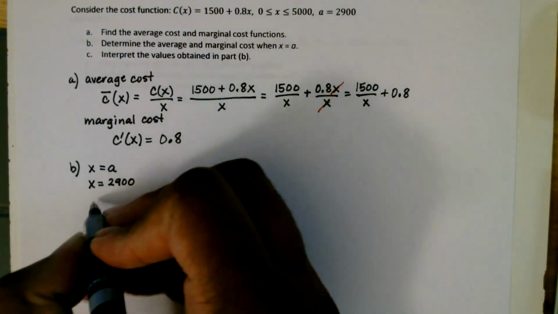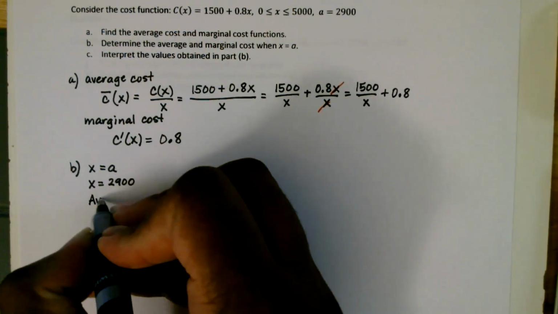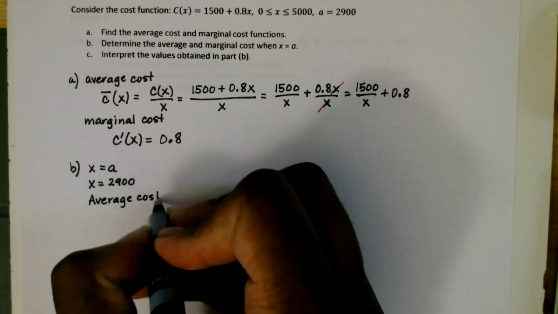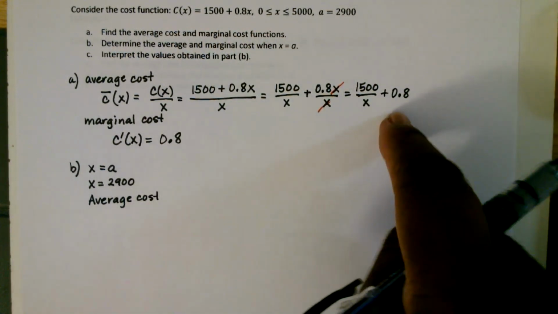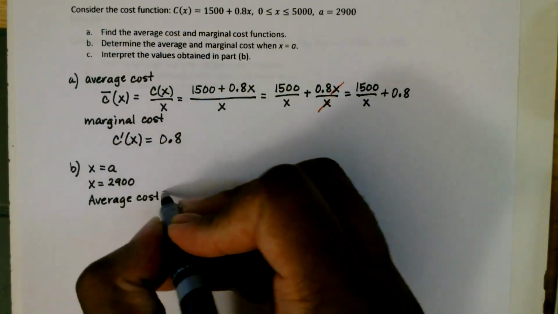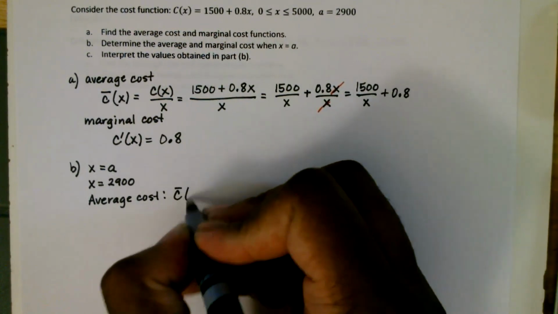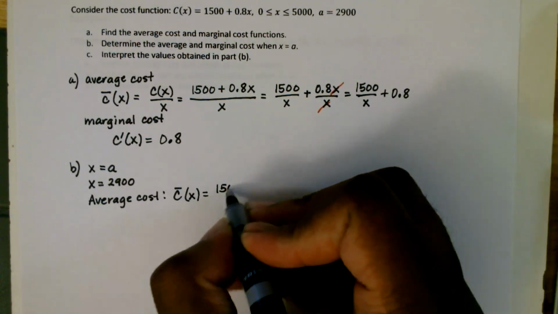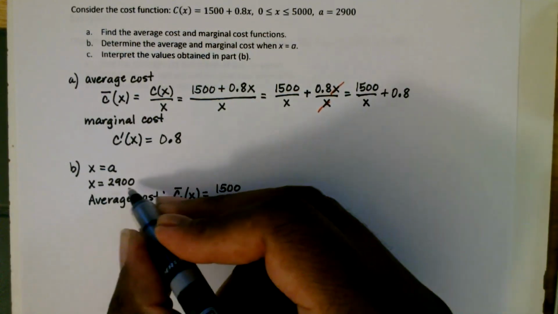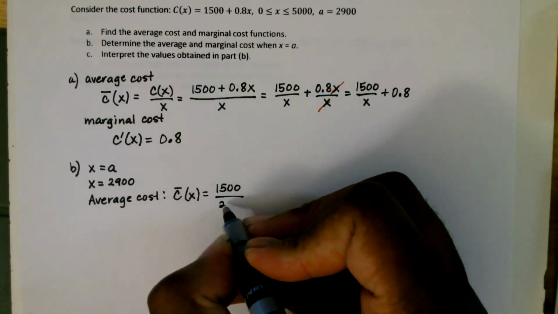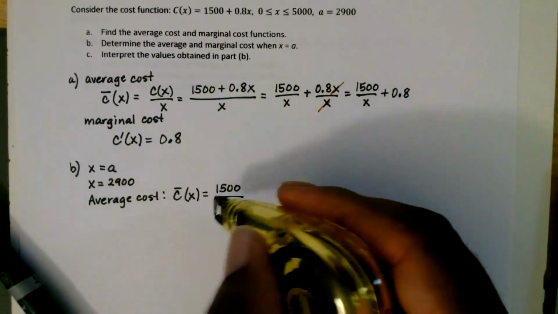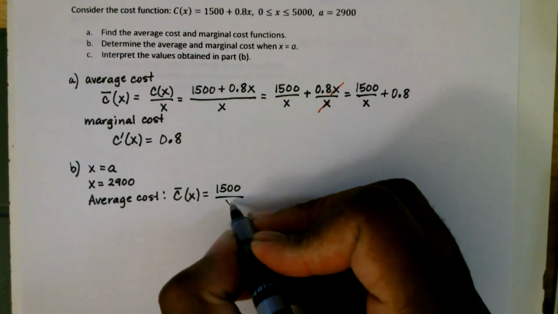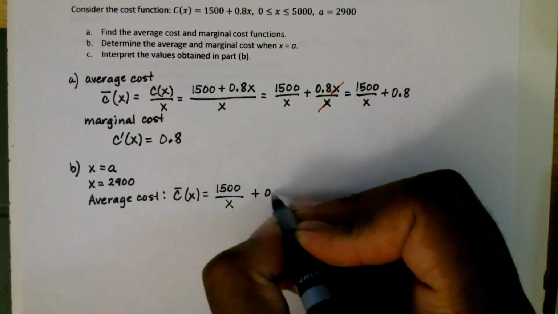So now we can find the average cost. Our average cost was this right here, C bar of x, that was equal to 1,500 over x plus 0.8. Let's go ahead and rewrite the whole function: 1,500 divided by x plus 0.8.